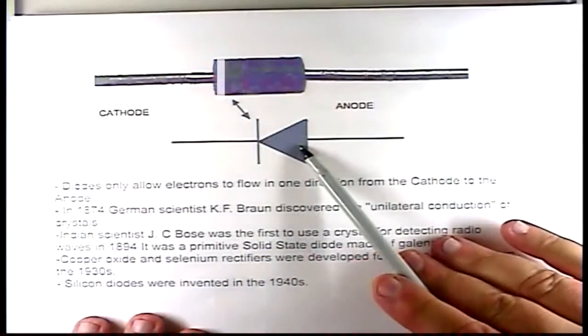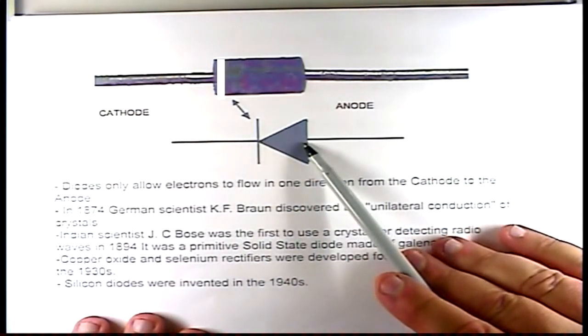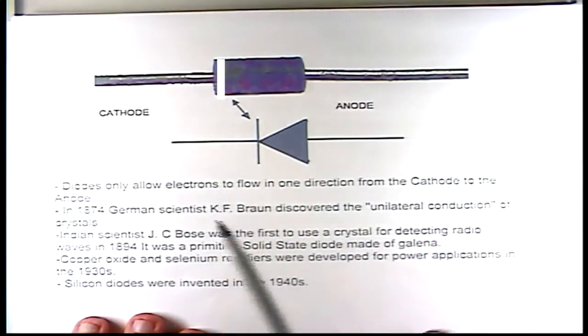Now, a diode is a solid state device, well, it could be a tube too, but in this case we're talking about solid state, like germanium, or there are some other materials that we could use. Right here I have a picture of a diode and its schematic symbol, and this device only allows current to flow in one direction.